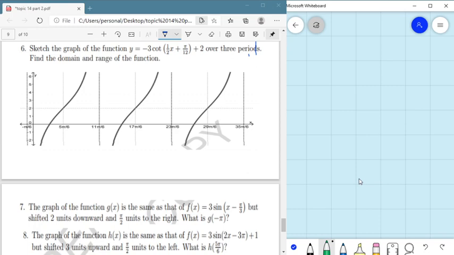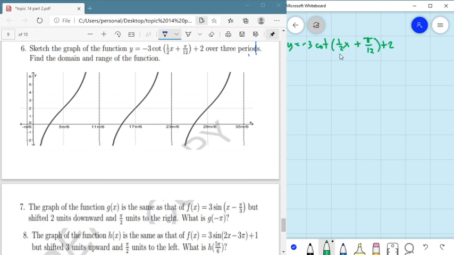Okay, so notice that in the given, we have y equals negative 3 cotangent 1/2 x plus pi over 12 plus 2. The 2 there means we have to shift 2 units upward. Okay?